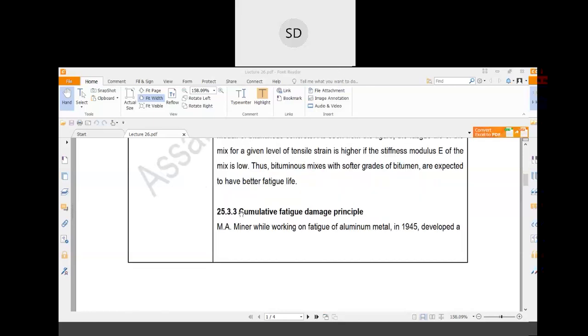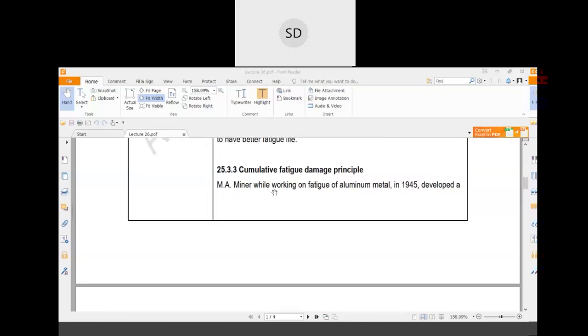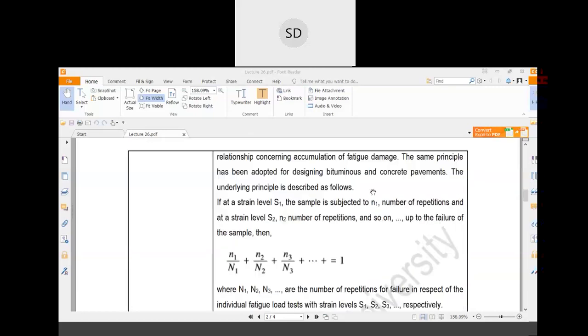Now the next thing is the cumulative fatigue damage principle. M.A. Miner, that is the name of the scientist, while working on fatigue of aluminium metal in 1945, developed a relationship concerning accumulation of fatigue damage, that is, how fatigue damage will happen.